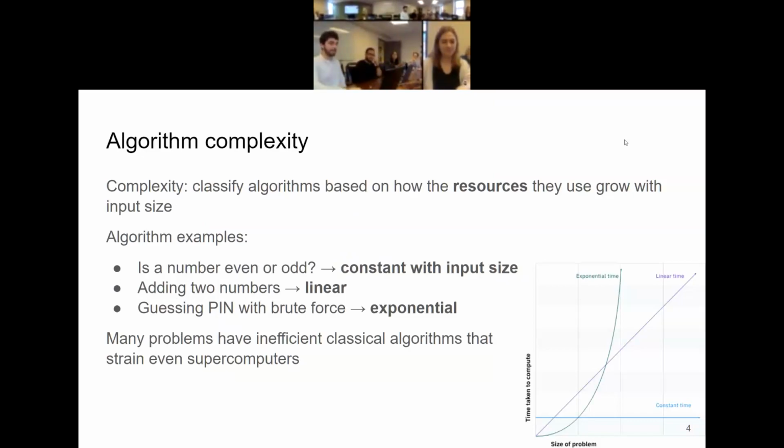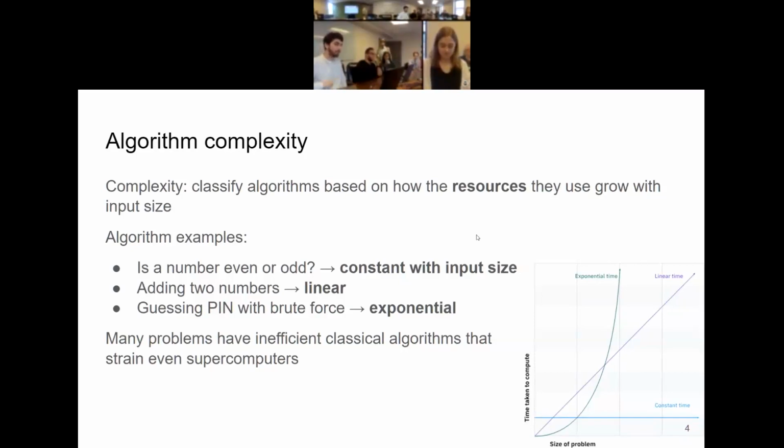So, algorithmic complexity. I think this is something a few of us have encountered before in classical computing. We typically classify algorithms based on the resources they use and how these resources grow as the size of the input grows. So for instance, if we're just adding two numbers that are of the same length, we would expect that the computational resources will scale linearly as the number of digits in those numbers increases.